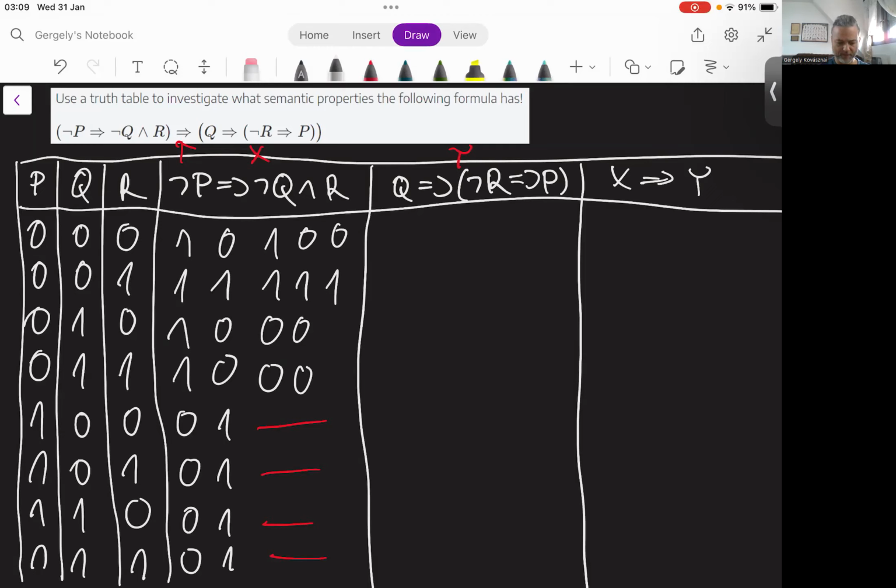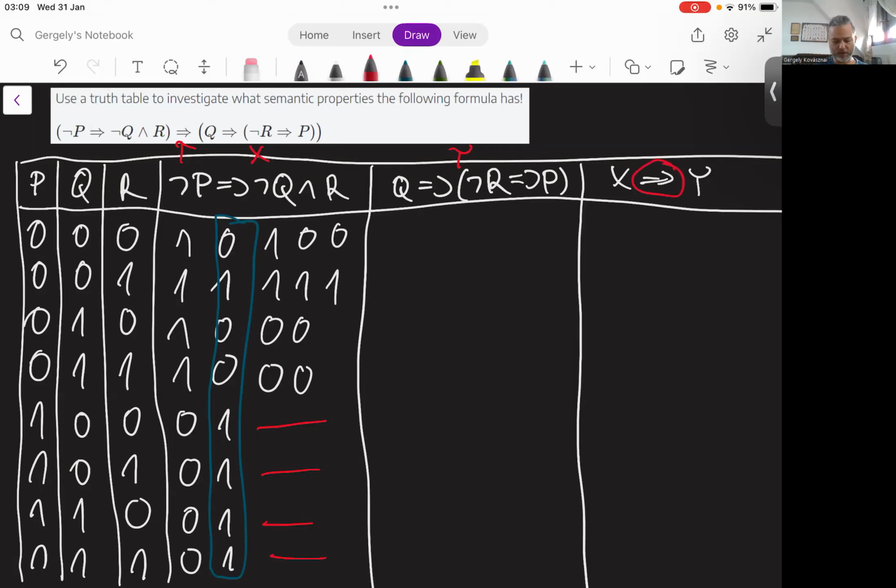Okay, so I evaluated the formula X, and here you can see the main values. Before continuing with evaluating Y, we can check out the main formula at the very end, which is an implication, right?